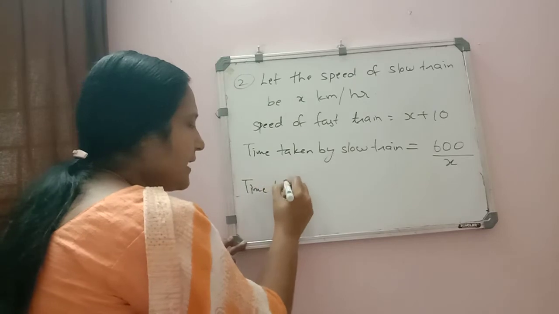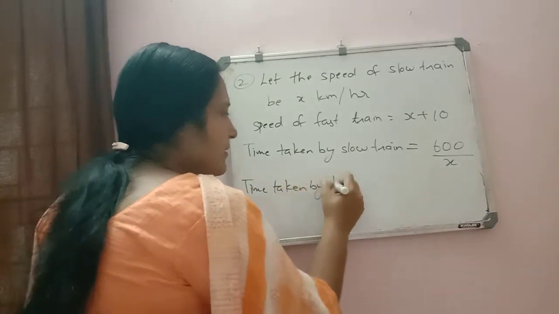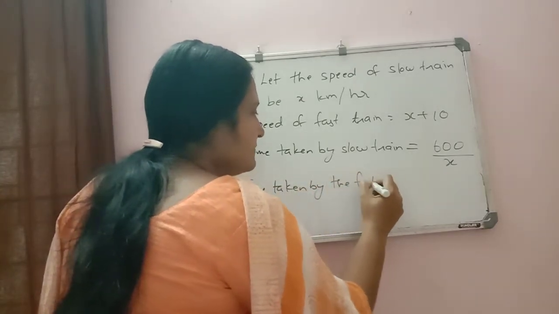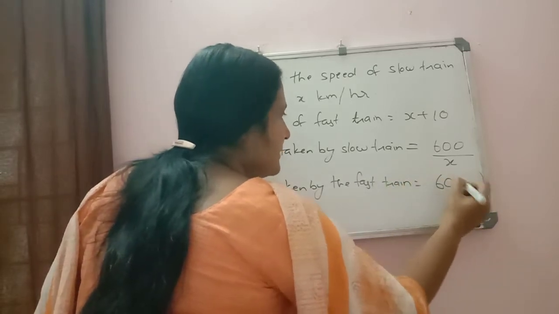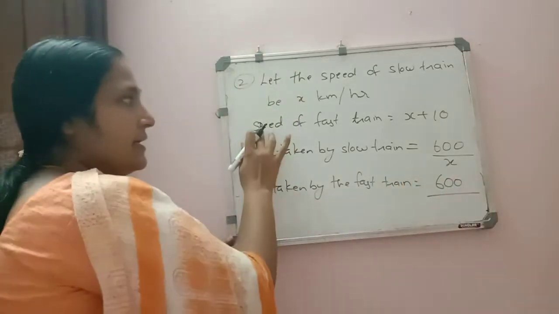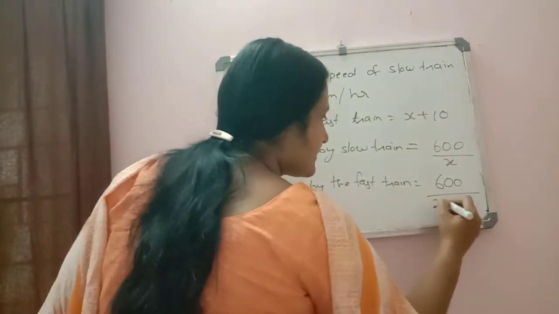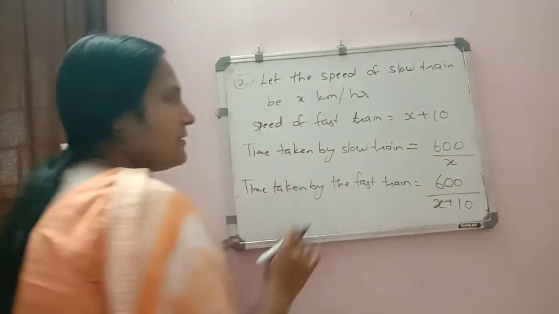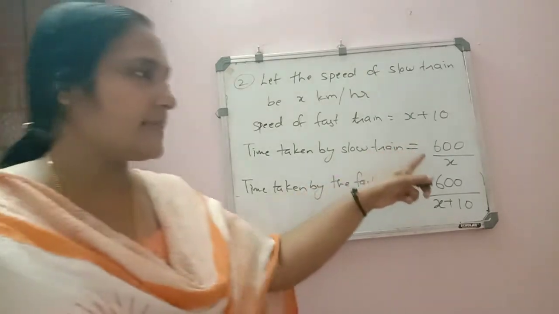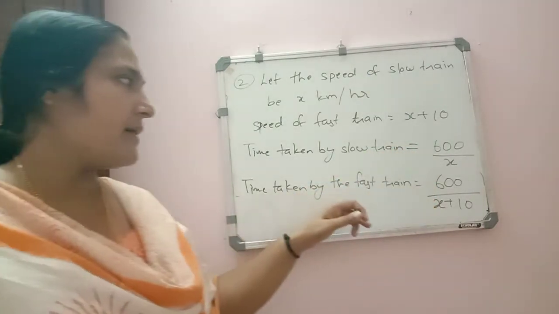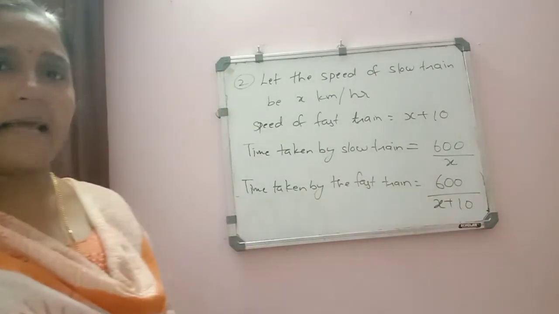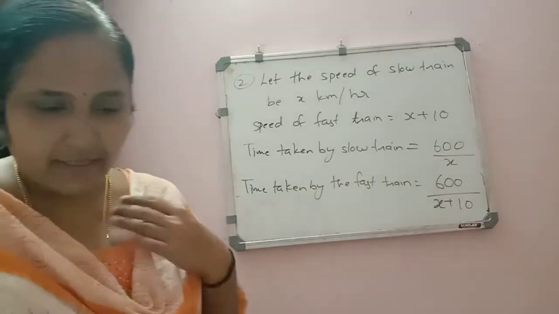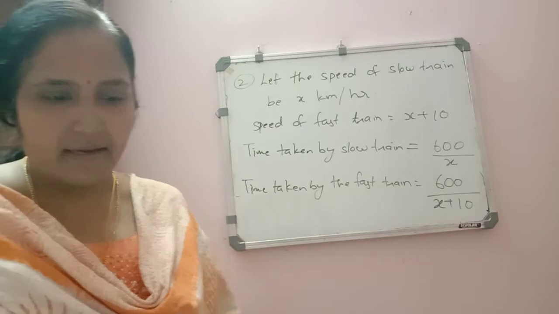Similarly, time taken by the fast train is equal to, both are covering the same distance, 600 by speed of the fast train, x plus 10. So time taken by the slow train 600 by x, time taken by the fast train 600 by x plus 10. So again the difference in their timing we can check there.